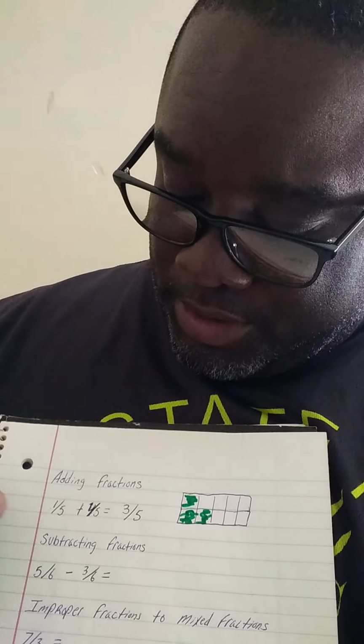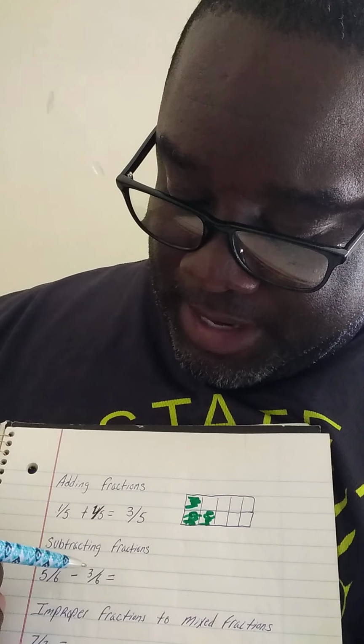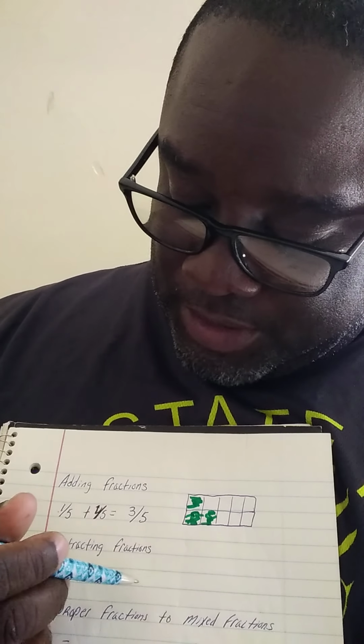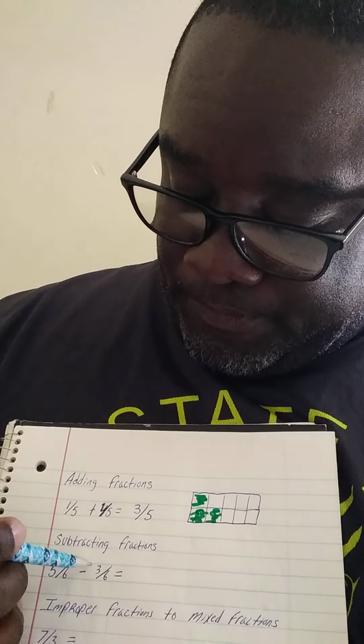So we move on. We're down here, we get into the subtraction part. We have the same thing. We have 5/6 minus 3/6. Our denominators are going to be the same, so it's going to be 6. So we're subtracting 5 minus 3, which would give us 2/6. And then 2/6 can be simplified.